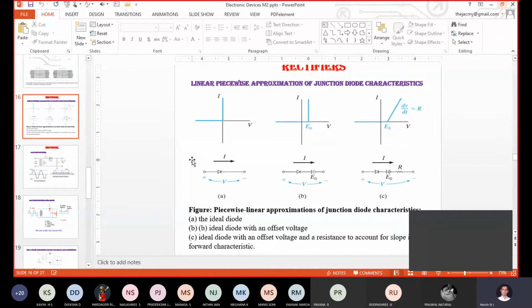Later on, we will see how we can overcome those disadvantages at the time of fabrication. The very familiar application of the PN junction diode is the rectifier circuit.